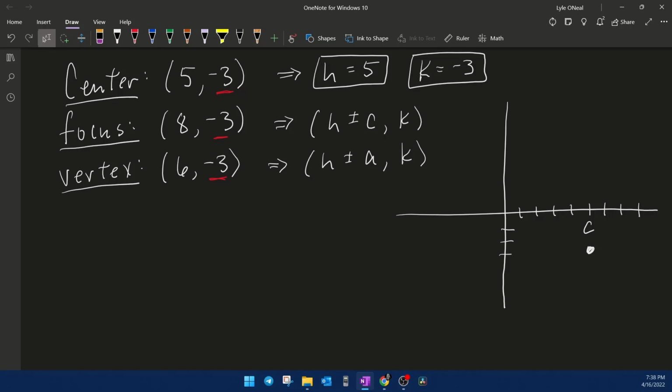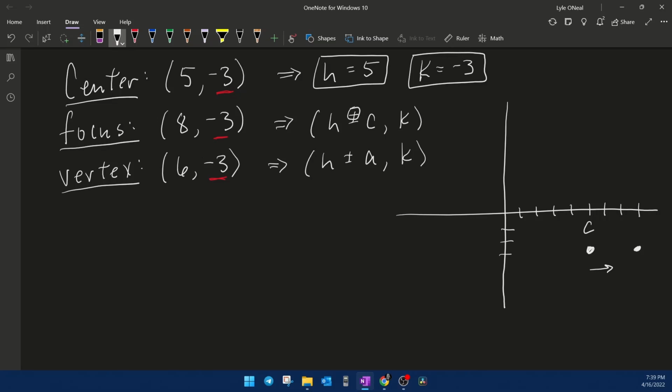Okay, so what I've done here is I've graphed the center. The focus that I've given is at 8, -3. So if I go all the way over to 8, -3, I can see that that is to the right of the center, which would indicate that that is the h plus c value for the x-coordinate.